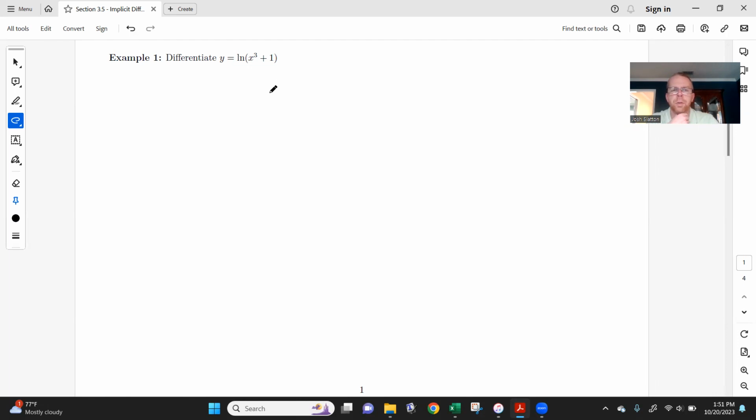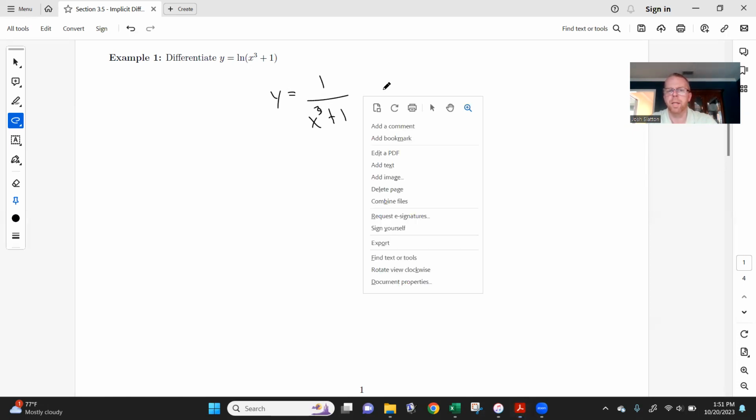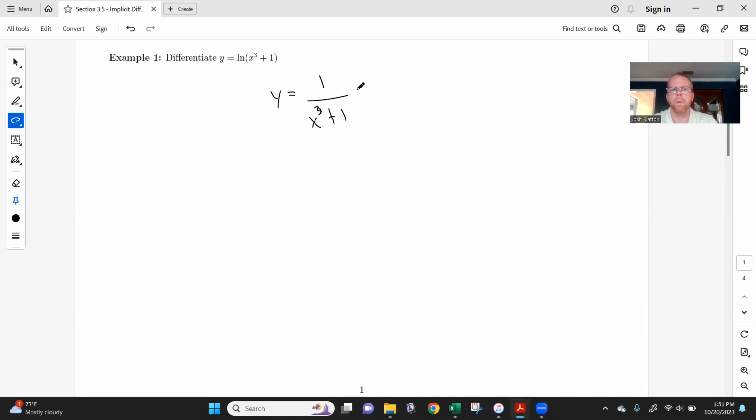So we're going to start with 1 over the thing that we're taking the logarithm of, so 1 over x cubed plus 1. And then we're going to multiply that by the derivative of x cubed plus 1.